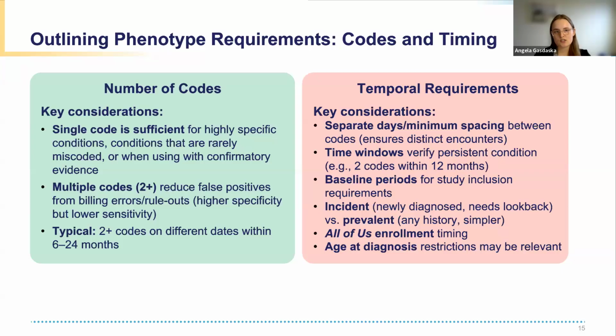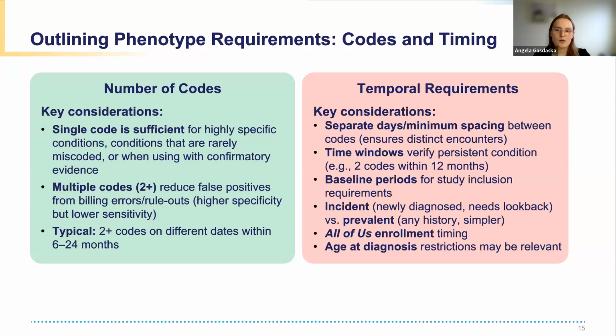This really ensures that you're capturing distinct clinical encounters and not just multiple billing records from the same visit. You can also consider time windows, meaning requiring codes within a certain period of time. That can be important for verifying persistent conditions. Also think about if your study will have a baseline period and if you need to require a diagnosis code to show up in that baseline period.